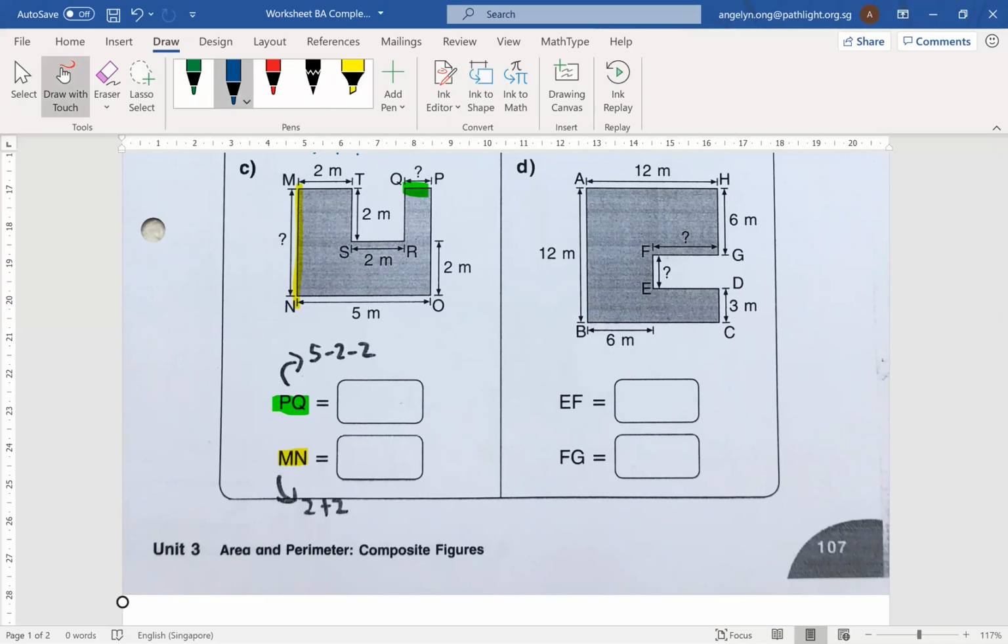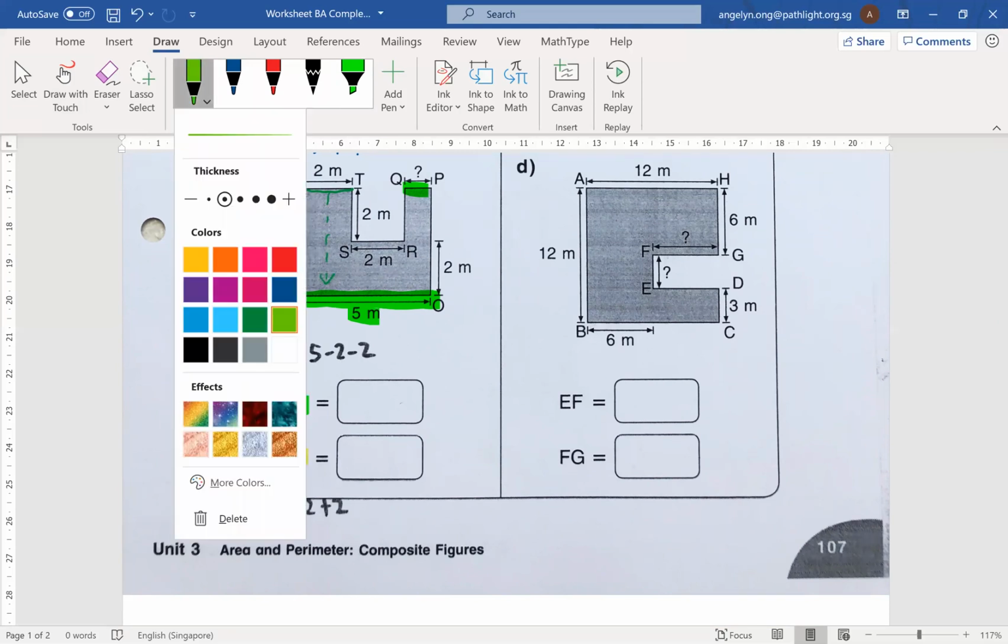So what we have is this NO. We know the NO is 5 meters. So can we break these 5 meters down into other smaller sections? Yes, we can. First, I'm going to take this MT and bring it down.